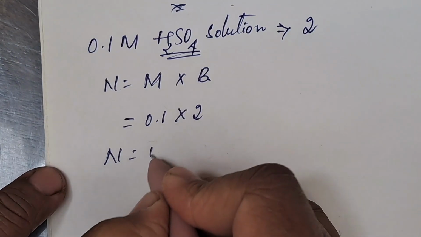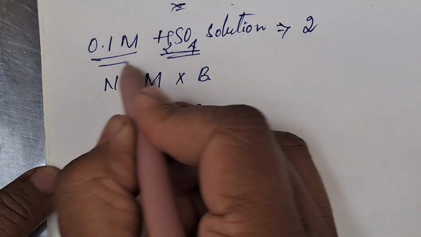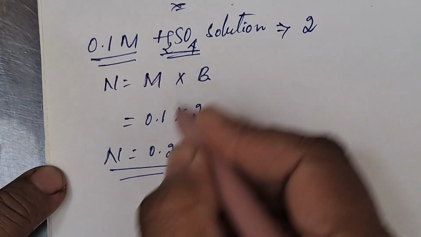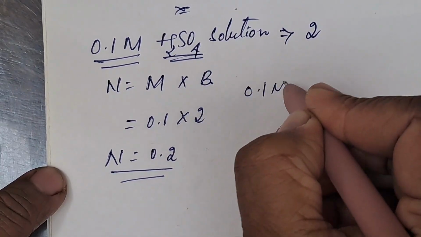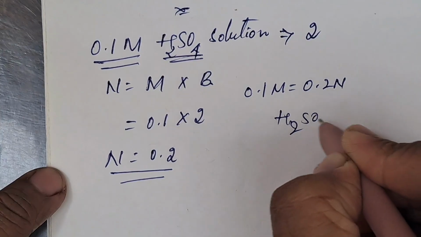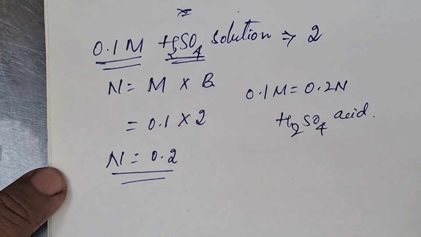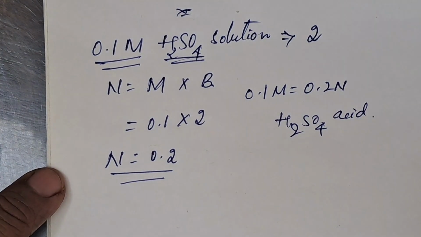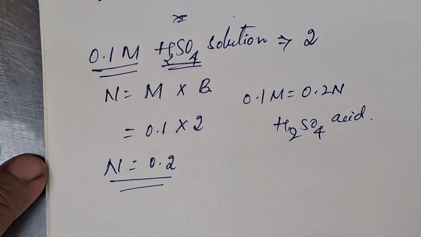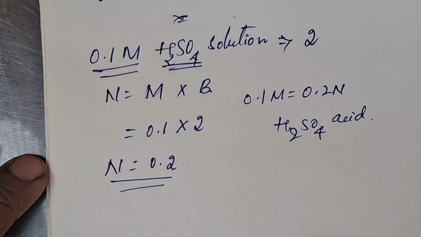Normality will be 0.2. So a molar solution can also be expressed in normality. That means 0.1 molar is equal to 0.2 normal sulfuric acid. Are you understanding my point? Yes, students? So this is about how normality and molarity are related.